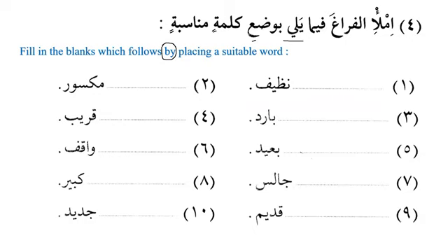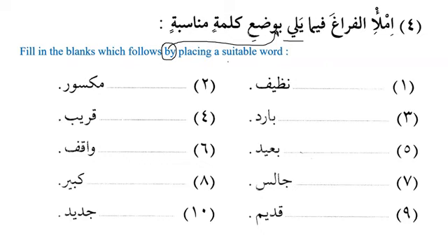And if you remember, I told you that ba, wow, ta, and lam, li, they have lots of uses. Okay, so you need to know these uses, and from the beginning you should write them down. You can see over here that ba is used as by, biwad'i, by placing a suitable word.